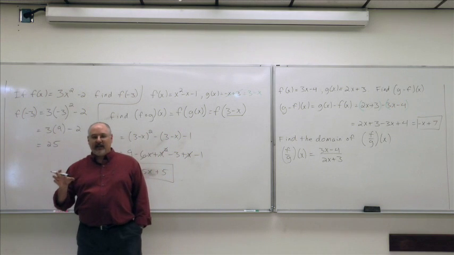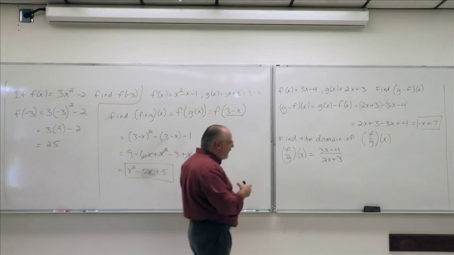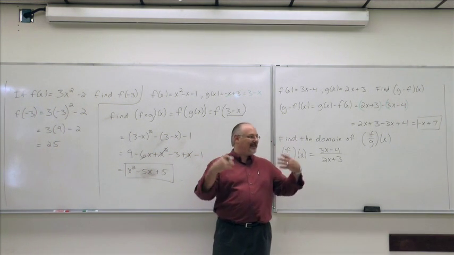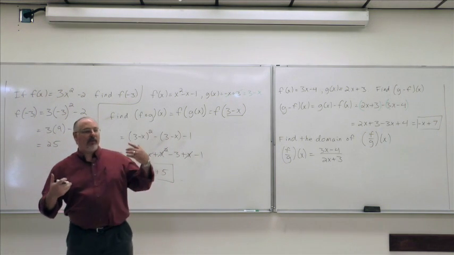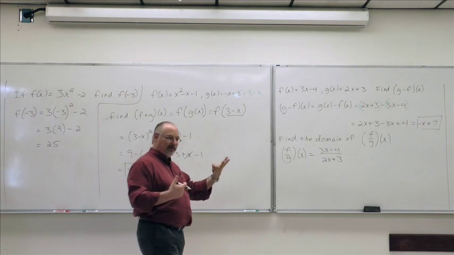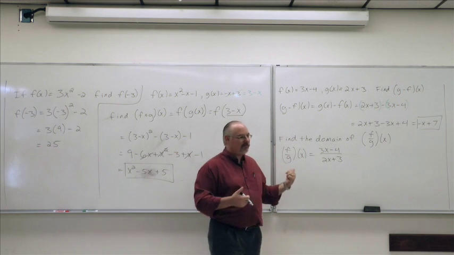Now, for you guys, domain is basically start with all real numbers and then take out the bad stuff. Take out the stuff you're not allowed to have. Now, there are three things you have learned you cannot do in algebra, and only one of them applies to this problem.